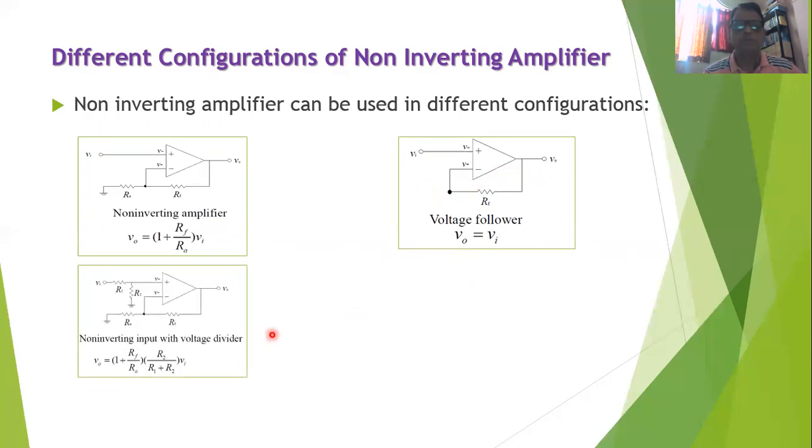It is also possible to add voltage divider resistances to the input terminal of the non-inverting amplifier. Suppose the resistances R1 and R2 are added as shown in this circuit. Then the output of such a non-inverting amplifier can be written as VO is equal to 1 plus RF divided by RA into R2 divided by R1 plus R2 into VI.